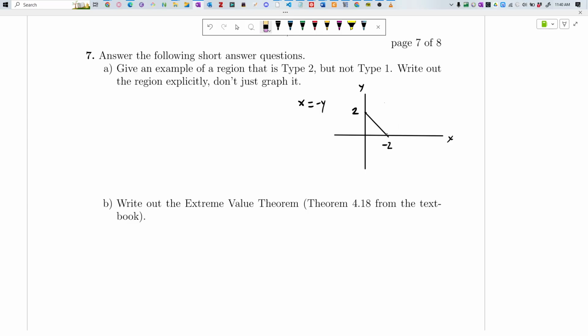So this region that is type 2, this here, and then some sine bits. I'm worried about the intersection. You know what? Let's make it even easier. That region.